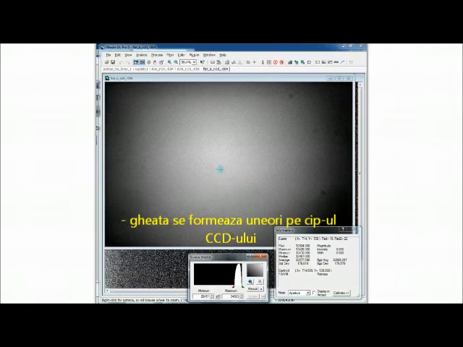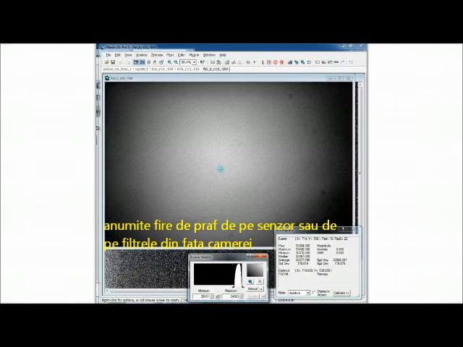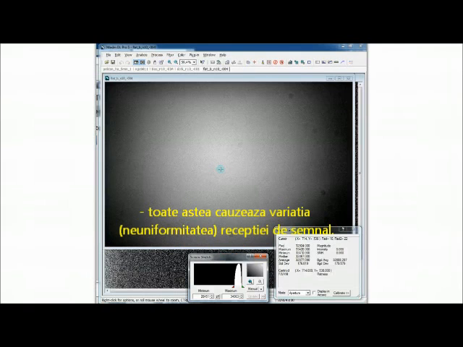Ice does sometimes form on CCD chips, and it causes variations in reception of photons. Haze, fog, airplanes flying by, lightning bugs, that kind of thing. A sudden deposit of dust on your filter in front of the camera. All of these cause reception variation.